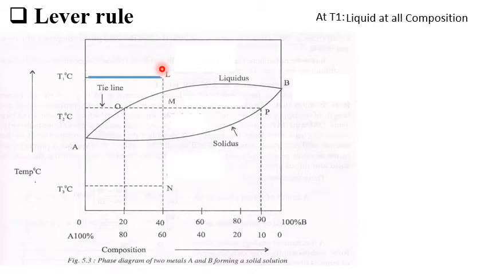If I take a temperature T2 and draw a horizontal line here, that line we call a tie line.